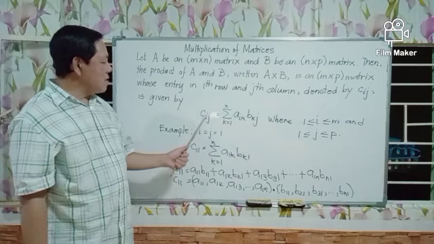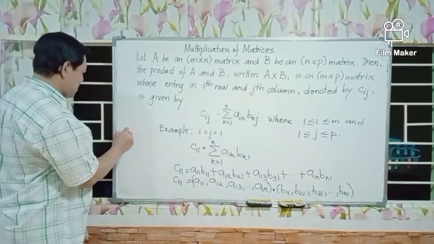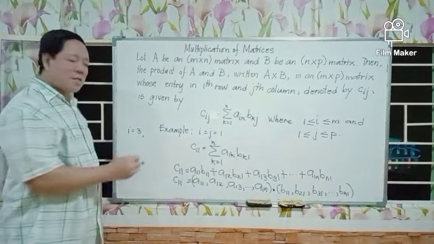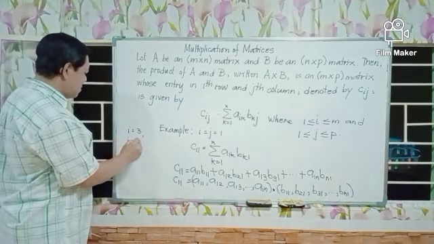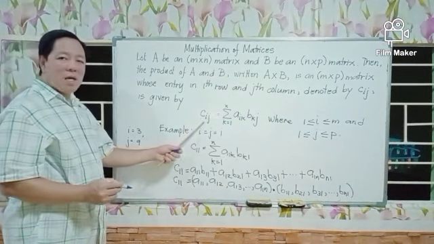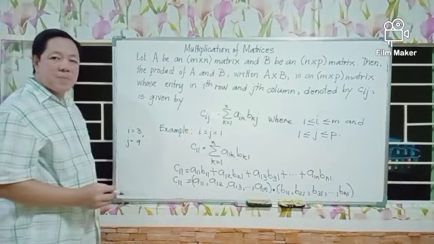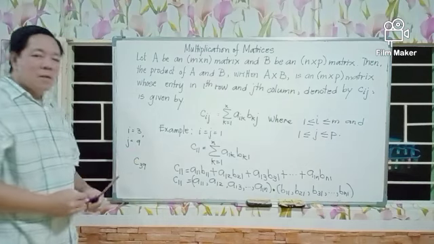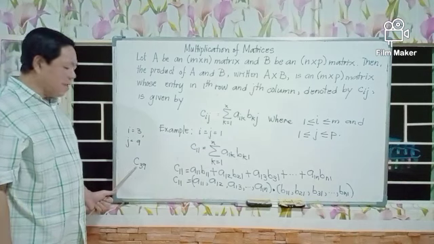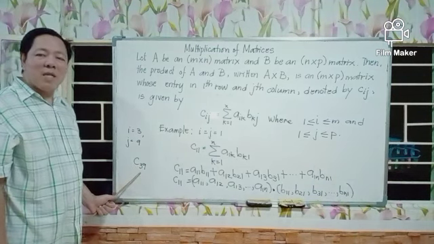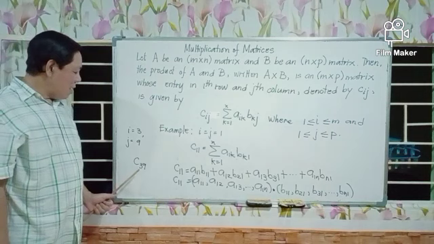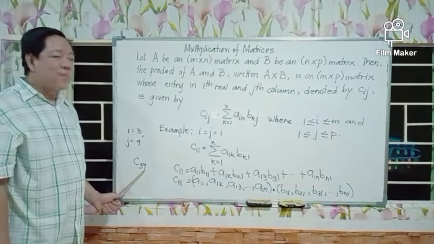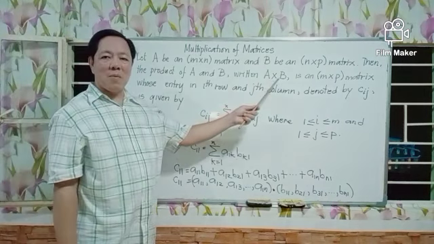Suppose i is 3 and j is 9, and we would get c sub 3,9. This entry, c sub 3,9, is the entry in the product of matrices A and B in the third row and ninth column of the product AB.